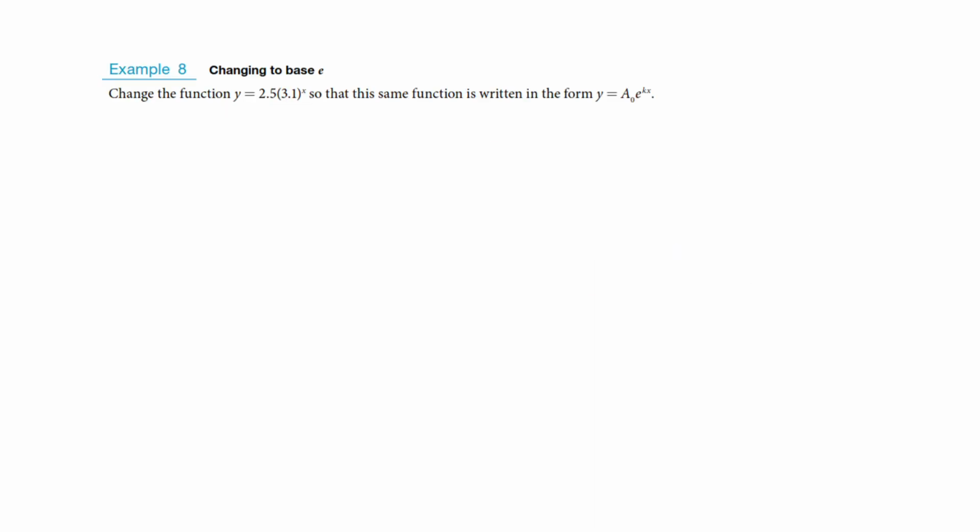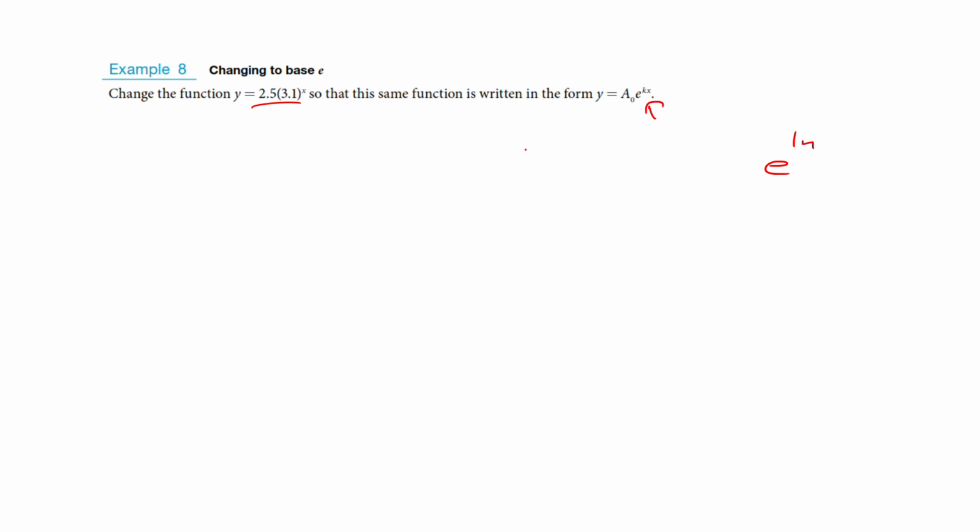All right, just one last idea here. They want us to turn something into an exponential with base e. Instead of our base here being 3.1, we want to turn it to a base of e, and this is really simple to do. e to the natural log are opposites of each other, so they would just fall out.